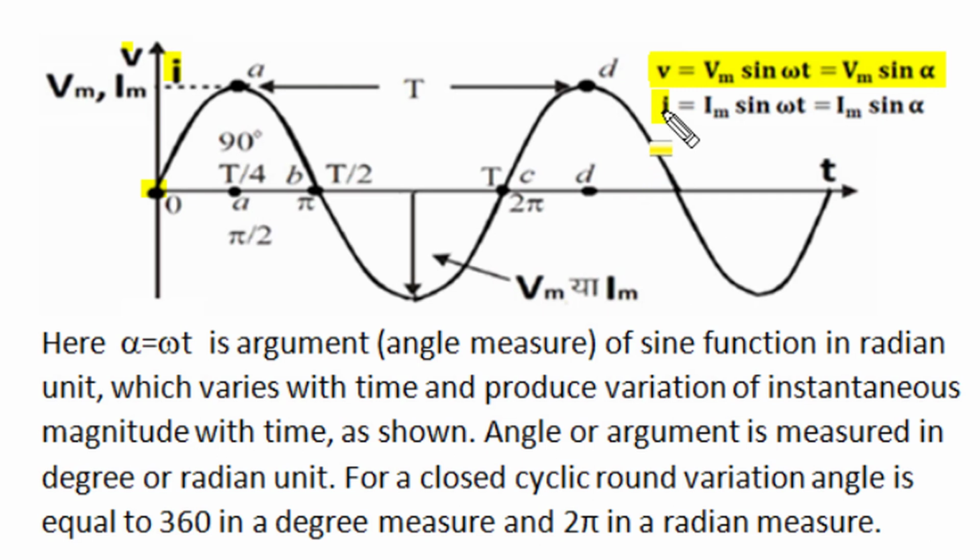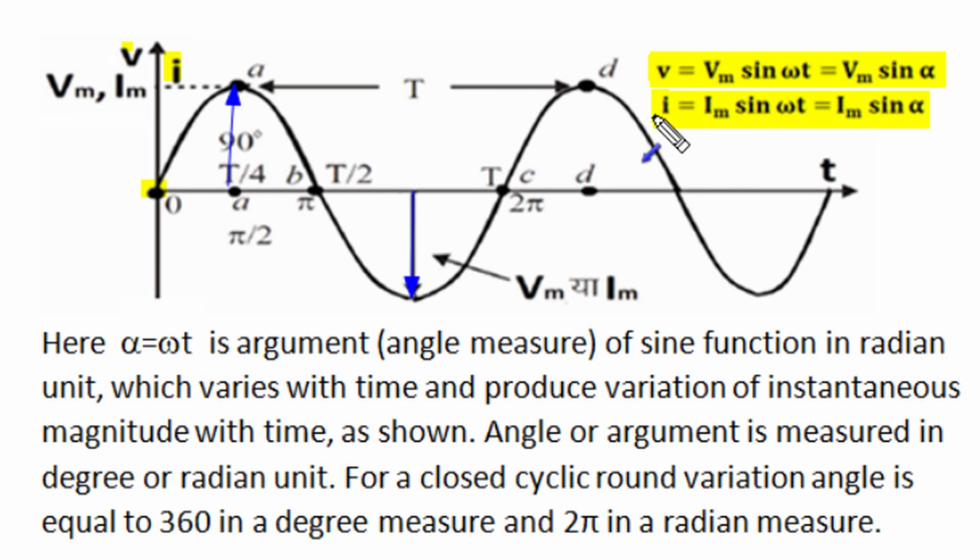Likewise, instantaneous current small i is represented as Im sin omega t or Im sin alpha in mathematical trigonometric manner. Here this Vm is the maximum value attained by the sinusoidal variation in either the positive or negative direction. This is known as peak value, maximum magnitude or amplitude.